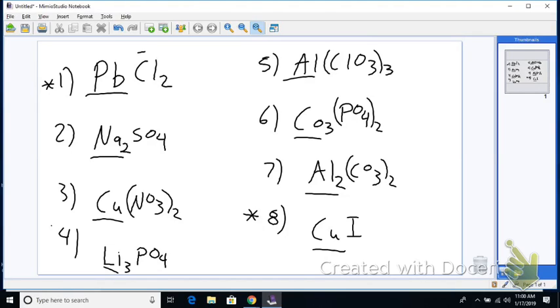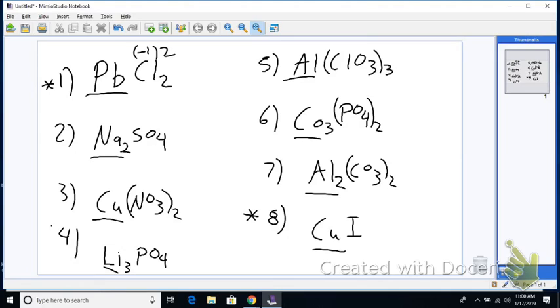If you're not familiar with it, sometimes you can look for a while wondering where it is, especially for the ones we haven't used very much. So this is a -1, we've got 2 of them, so that name would be lead... chloride. Nope, lead 2 chloride. Don't write lead chloride, write lead 2 chloride.